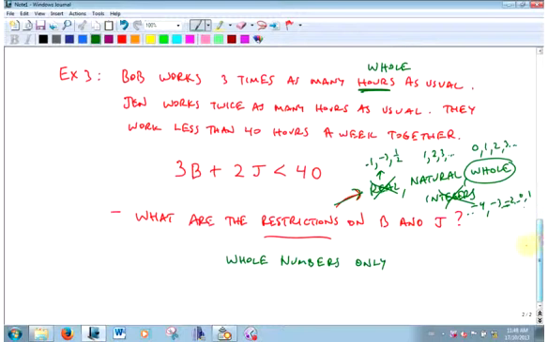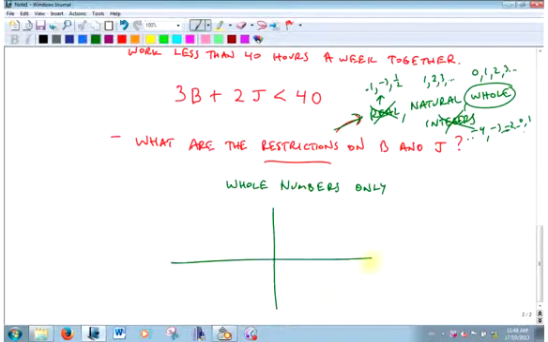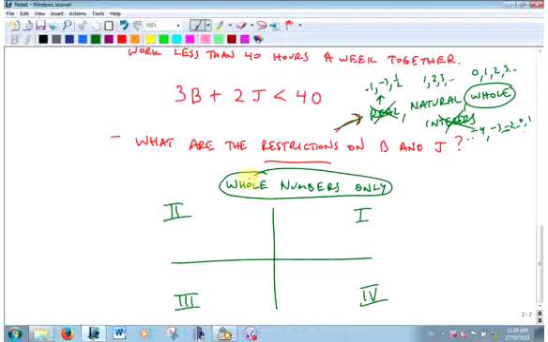So if I'm graphing this quickly, I'm not going to graph it completely, but if these are quadrants, how many quadrants would I use when I'm graphing this if I'm just having whole numbers? Just that. Because this is positive for x here.